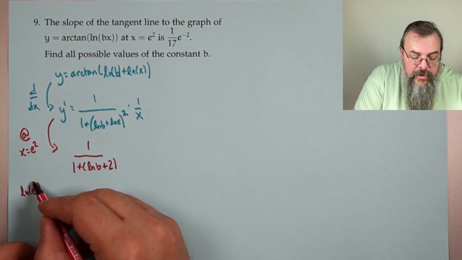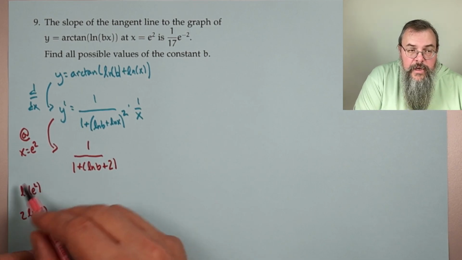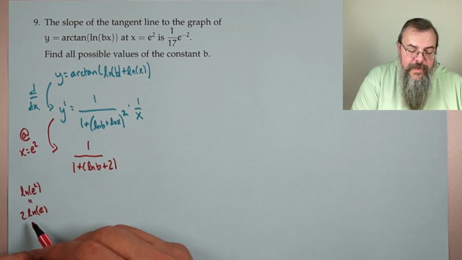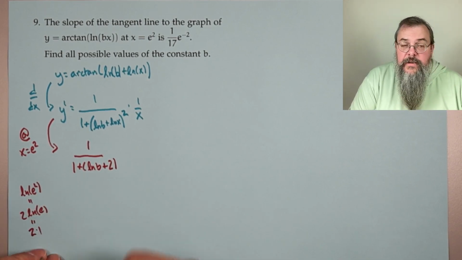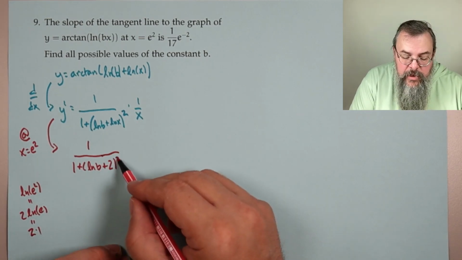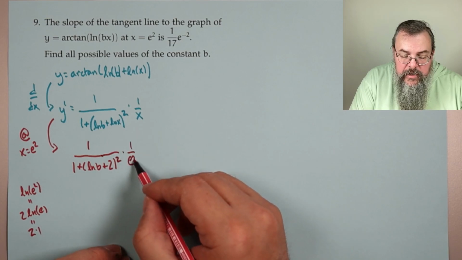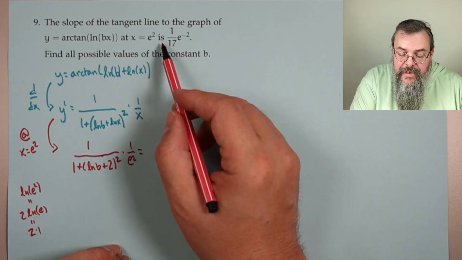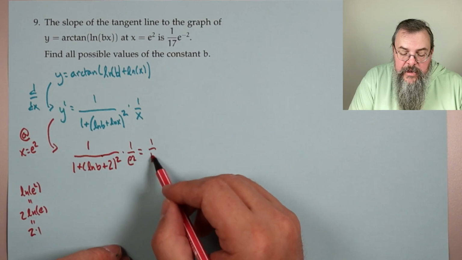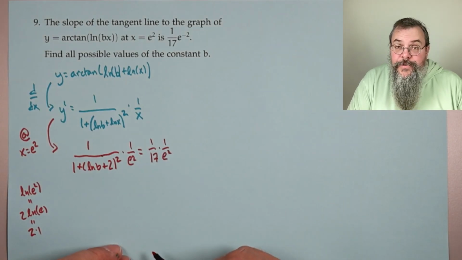Log of e squared is the same as 2 log of e, because the 2 comes down. But log of e is 1, and so it's 2. All right, so 1 over log b plus 2 quantity squared times 1 over e squared is equal to 1 over 17. Now notice e to the minus 2 is just a fancy way of saying 1 over e squared.